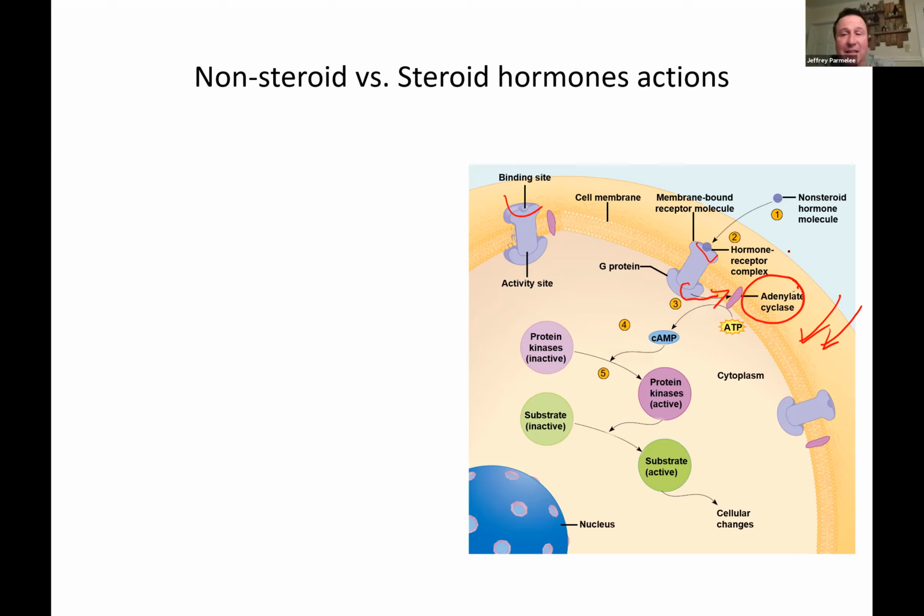And adenylate cyclase is going to take ATP and make cAMP, it just takes off two phosphorus, makes a cyclic AMP, and cAMP is going to excite these enzymes, and it's a cascade or a path that's going to go down till eventually it's going to make whatever that hormone is doing to that cell, whether it's going to make a product or break down something or make the cell move, or whatever it's going to do.